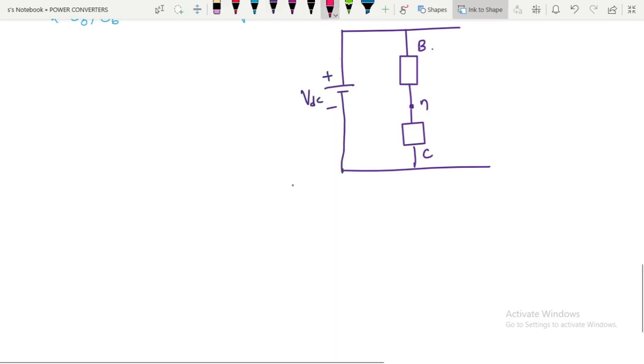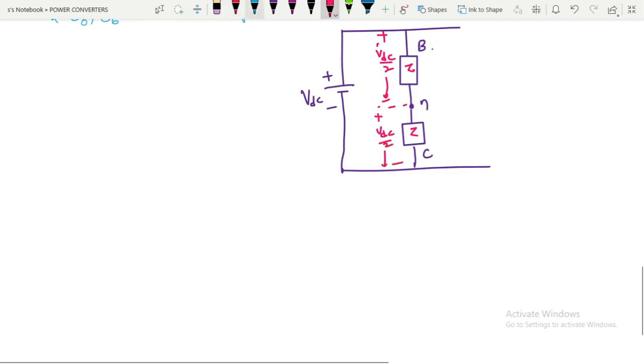You can see here the voltage will be divided equally because they are having the same impedance, so the voltage division will be plus VDC by 2 up to this, minus and plus VDC by 2, right?